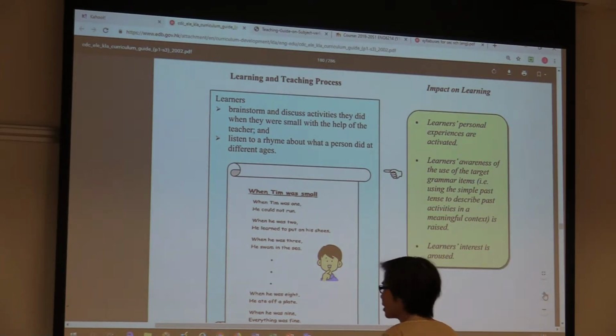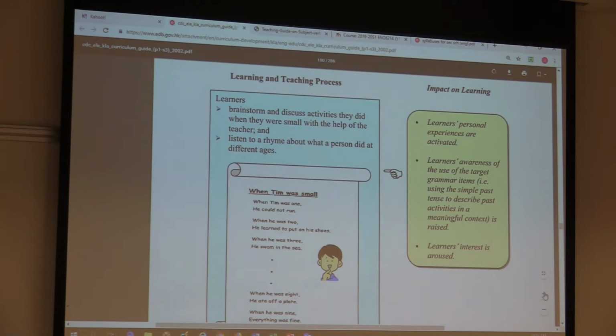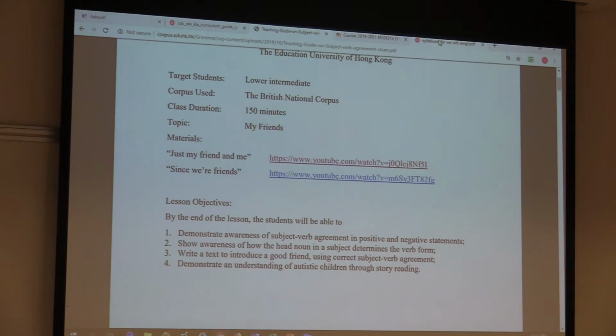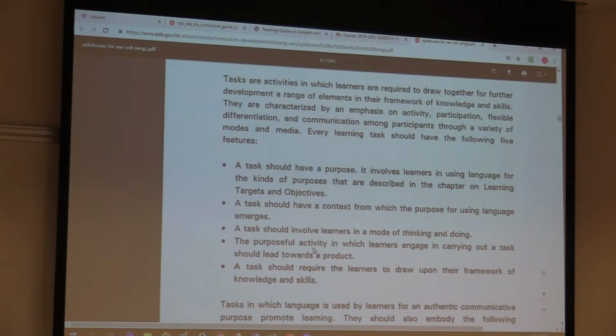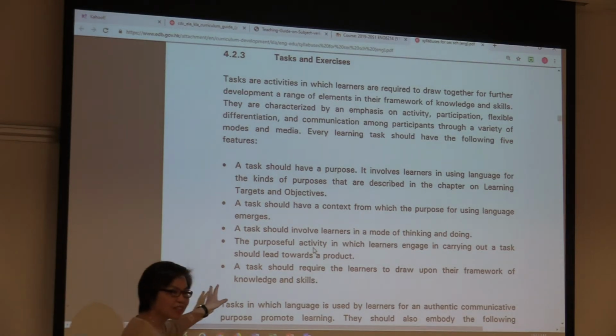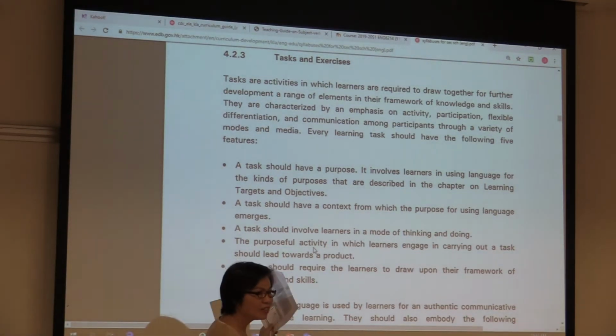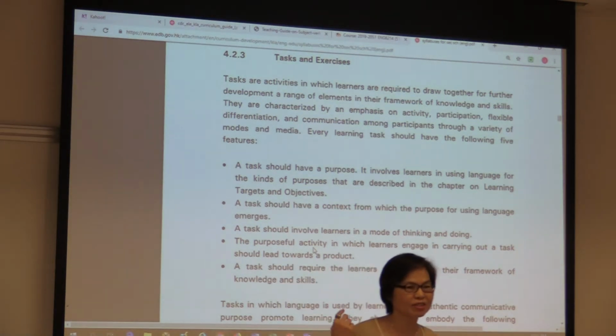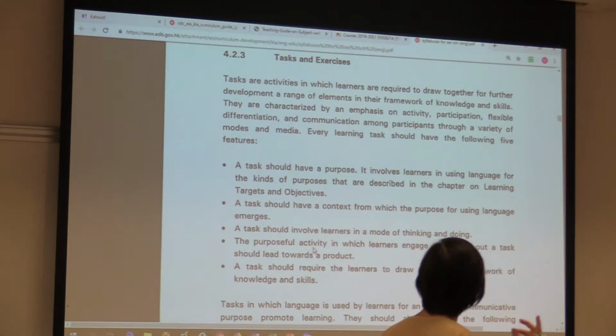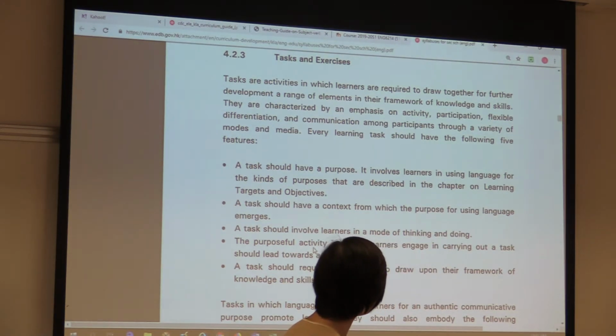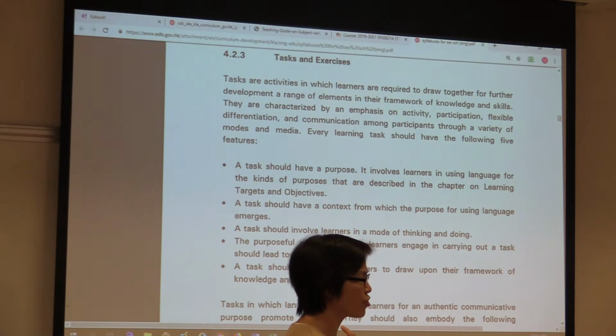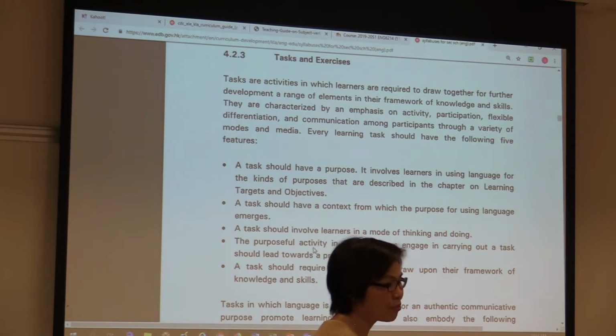Now remember in the first lesson we talked about task-based learning in Hong Kong. Remember the five features of a task? It should have a purpose. It should have a meaningful context. A task should involve students thinking and doing, and there should be a product.